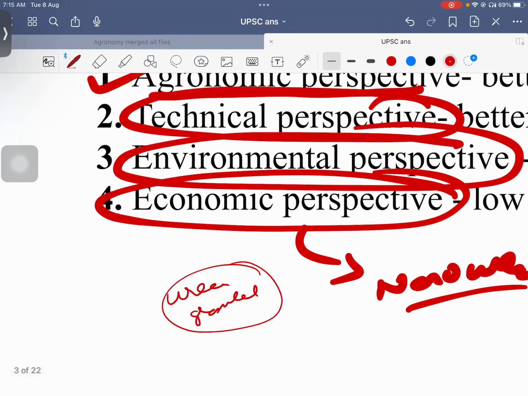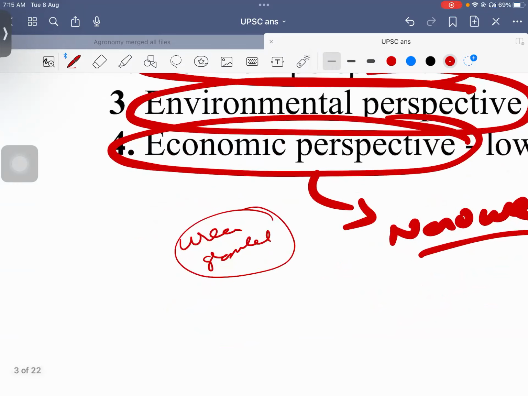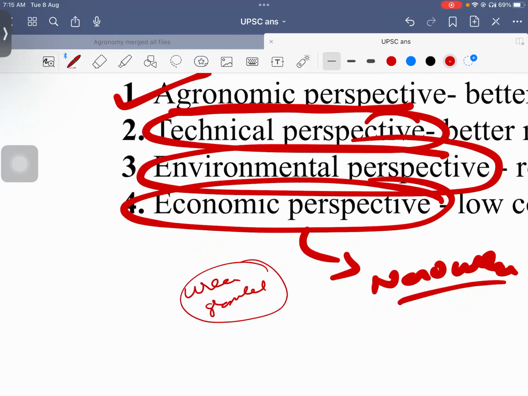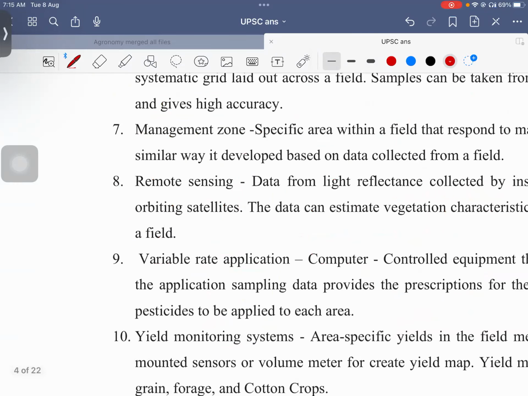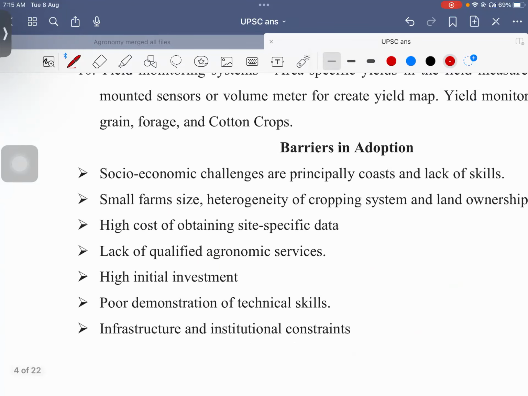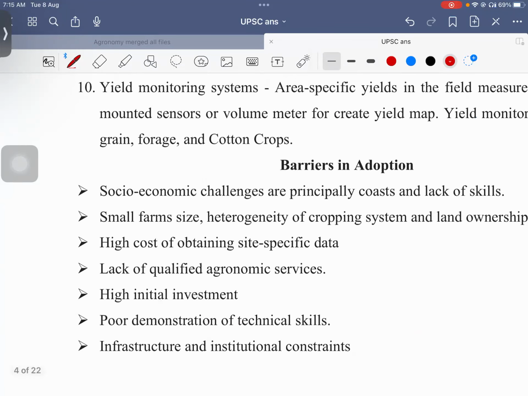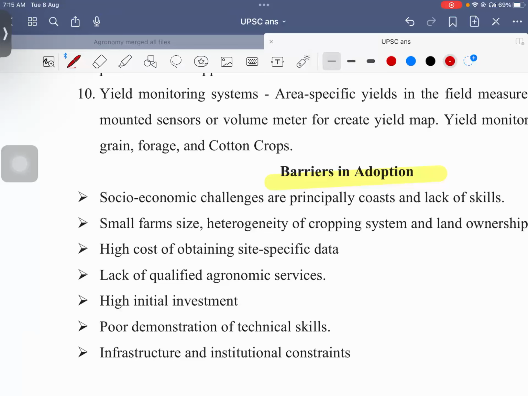And another component which we need to also see, which is not in the question, to extrapolate this question, is this. Okay, the barriers in adoption of precision agriculture tools. The socio-economic challenges are principally costs and lack of skills.